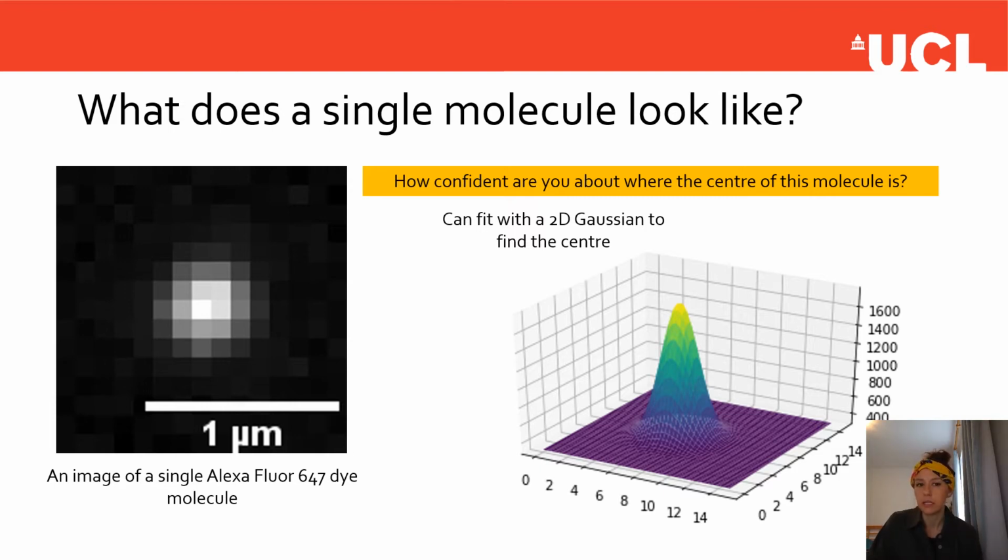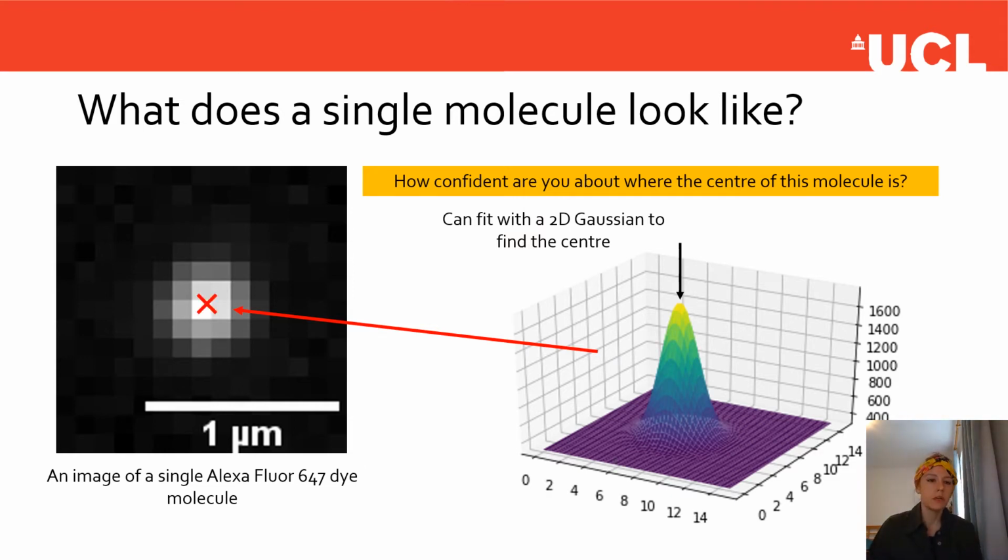This is exactly the same information, where intensity is on the z-axis and xy just here, and this is a fit to the intensity of this molecule. From the parameters of that fit, I can say, okay, the centre's there, and I can relate that back to my original image to find the centre.